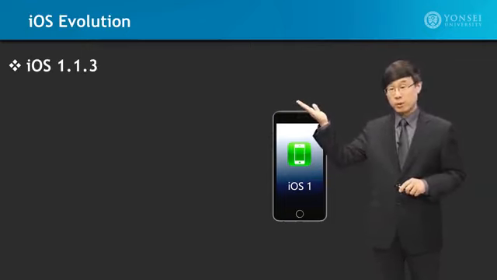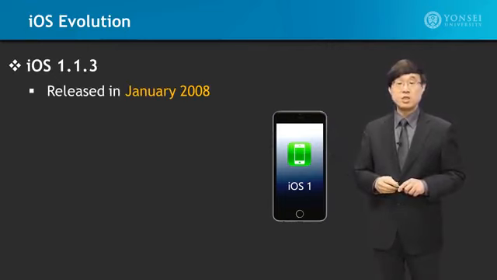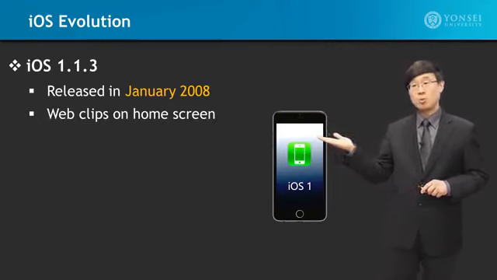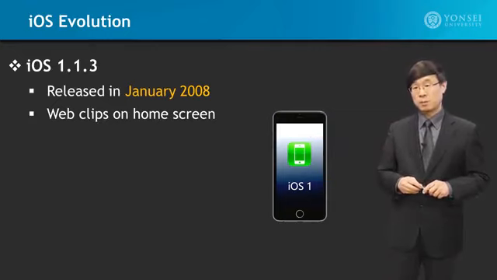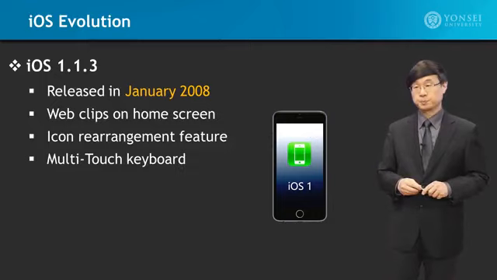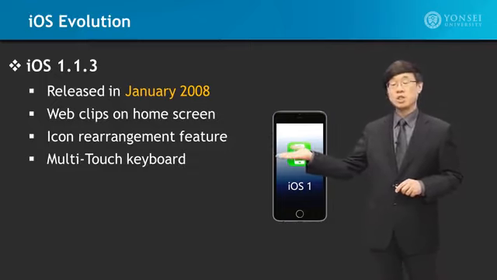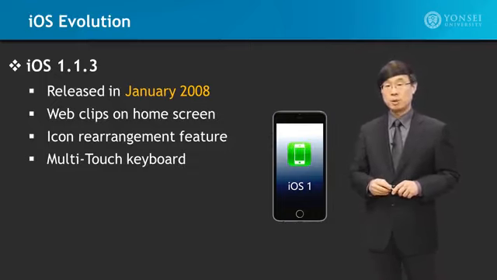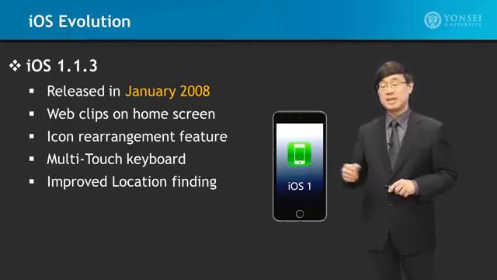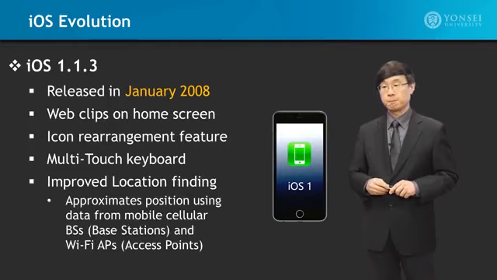iOS 1.1.3 was released in January of 2008, and web clips on the home screen were available, and icon arrangement features were also included. A multi-touch keyboard became available to use, and improved location finding capabilities were added.